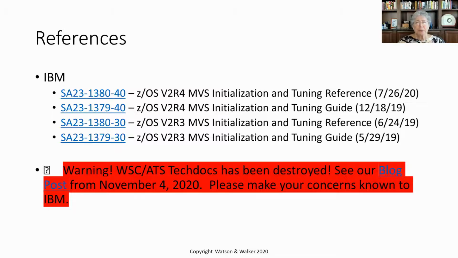So you could find presentations and white papers and the most useful information. And like other things that IBM is doing, they have a website guru that is intent on destroying IBM websites. And they've destroyed tech docs.